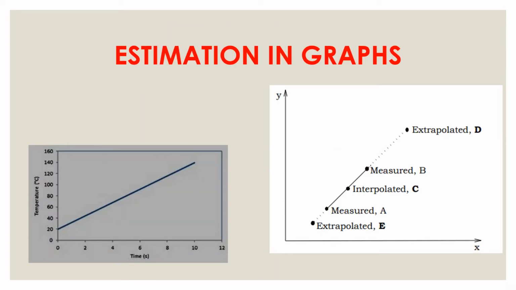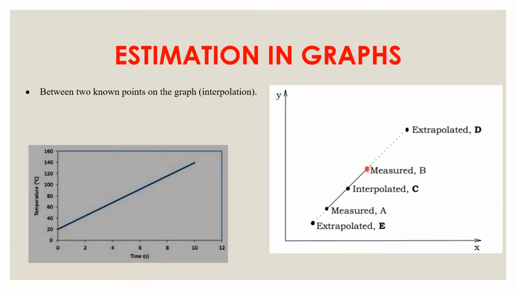Graphs can be used to make certain predictions or estimations. In a graph, we can predict certain points. Let's say, for example, if there are two measured points and we have to make a prediction between them, that prediction is called interpolation, and the point is known as an interpolated point. Looking at the graph on the right hand side, in this particular graph, there is a plotted point A up till point B. This is how long the graph is in the axis.